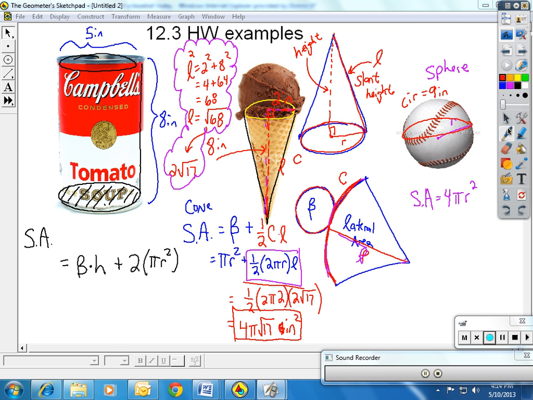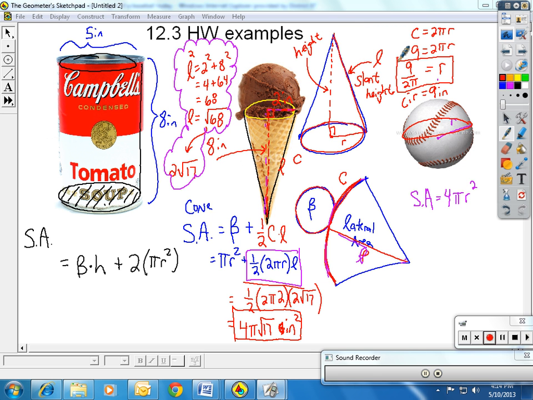I apologize. If circumference equals 2 pi r, and 9 is my circumference, then divide by 2 pi, my r equals 9 over 2 pi.